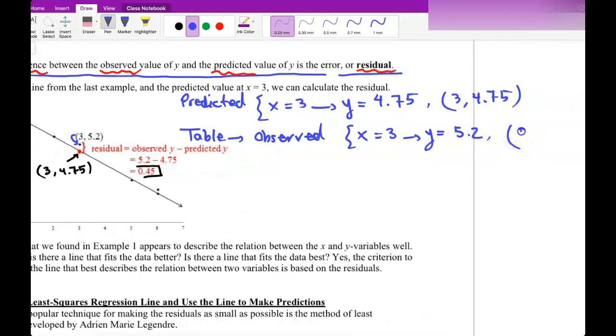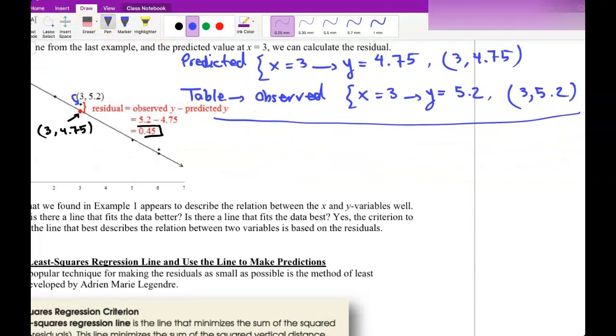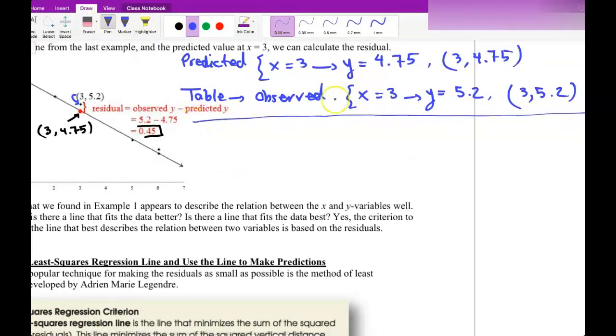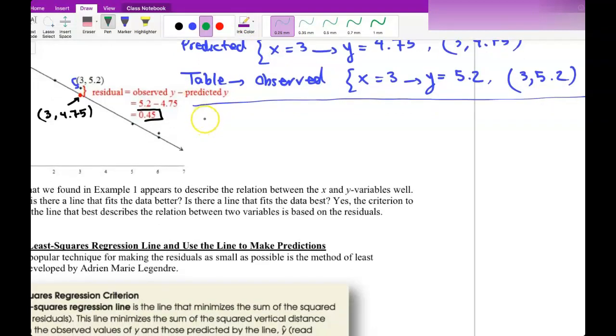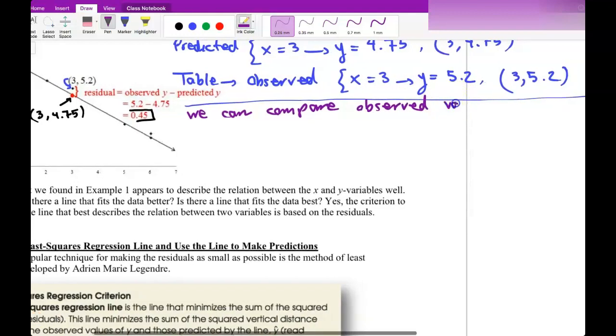So the point on this part was 3, 5.2. So we can compare these two. So comparing observed and predicted.